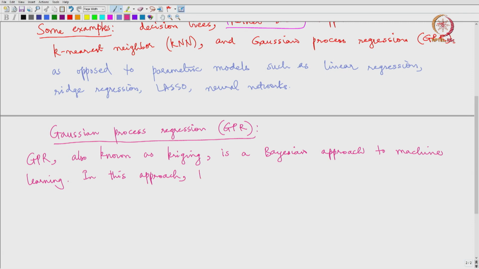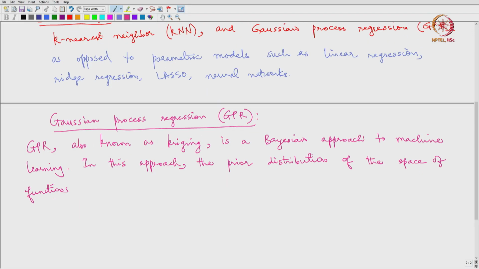the prior distribution of the space of functions, and these are the functions we are trying to predict, right. You can think of every machine learning model as a function approximator.